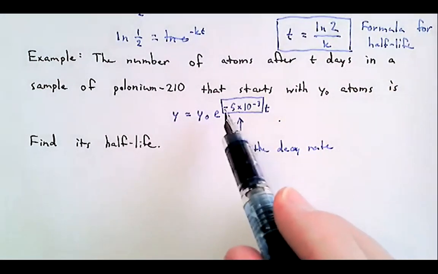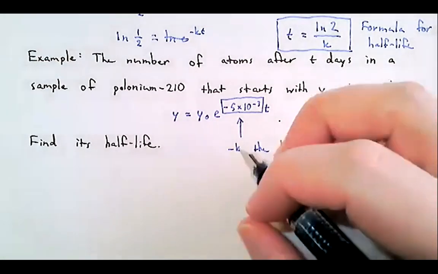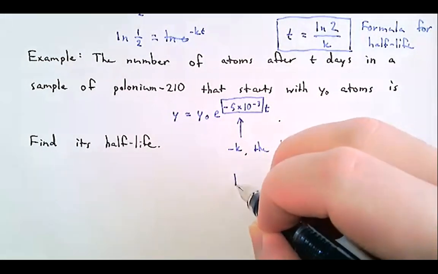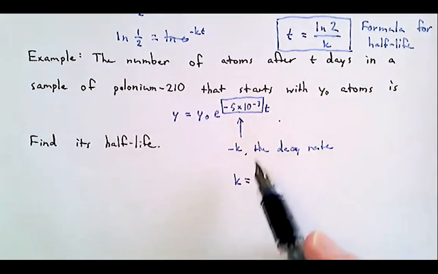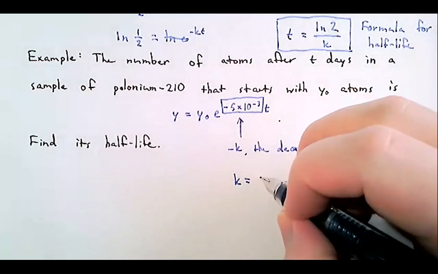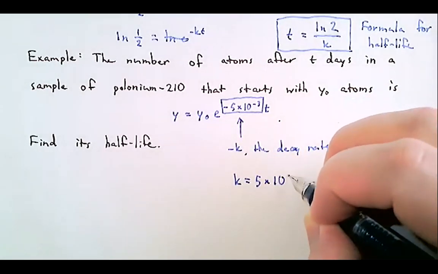So for k, we would drop the minus sign. This is that little detail that I wanted to be clear about up front a few minutes ago. So k is actually just 5 times 10 to the minus 3.